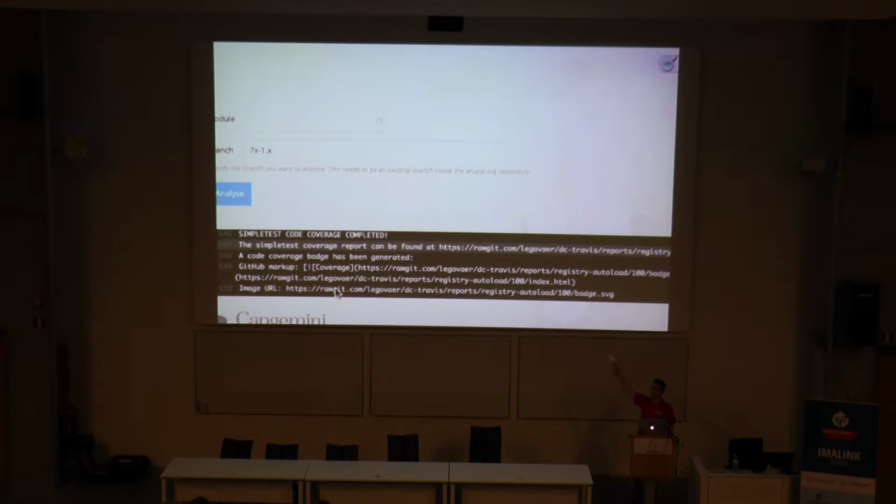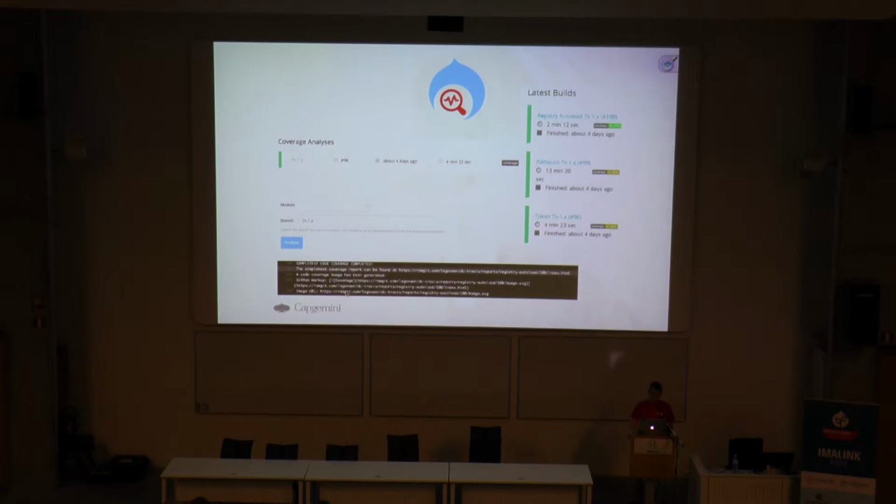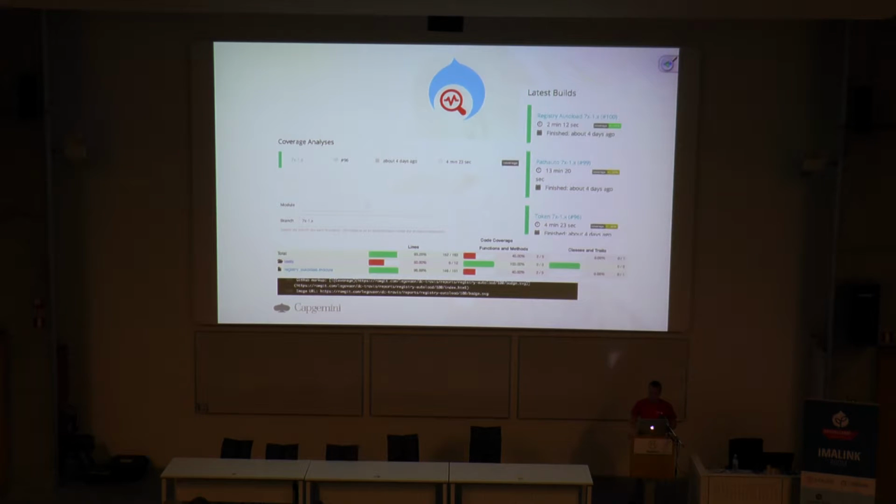So you can just add it to your GitHub markup or your project on Drupal.org as well. Then the end result is, as soon as you click on the link within Drupal coverage, you will be redirected to a page containing all of your coverage reports in one place.